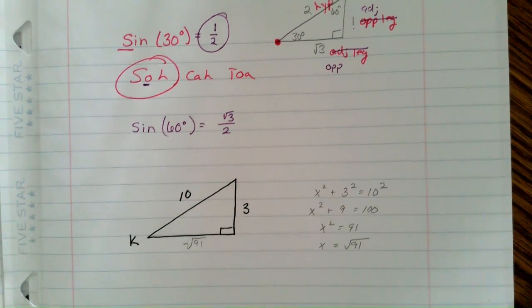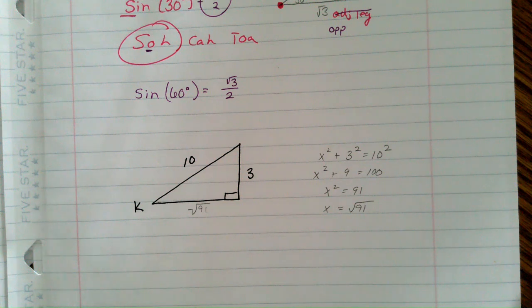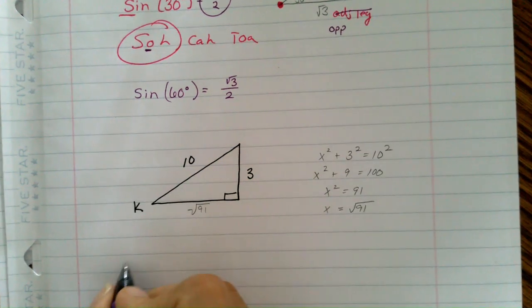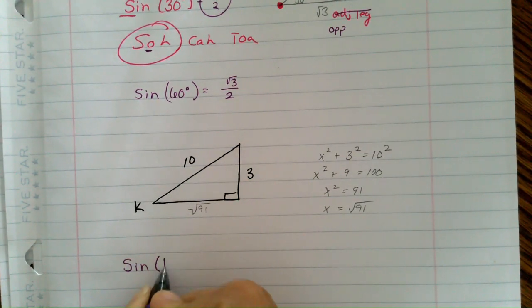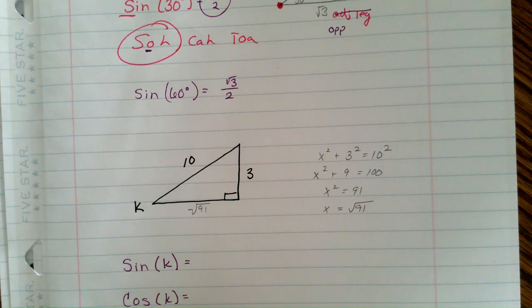I want us to find all 3 trig words for k. So find the sine of k, the cosine of k, and the tangent of k.